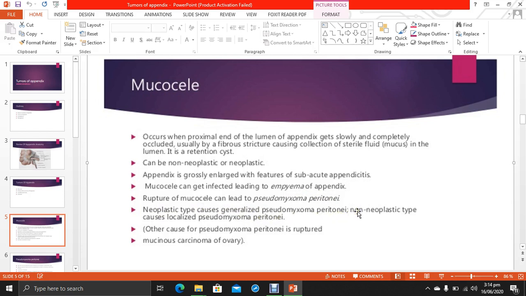This is in the malignant condition, when the mucocele secretion has malignant cells. When it ruptures, it can involve the local region, or it can involve the whole abdomen, the whole omentum and the gut.